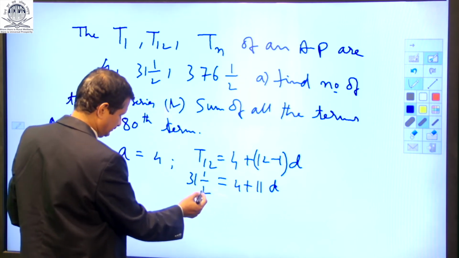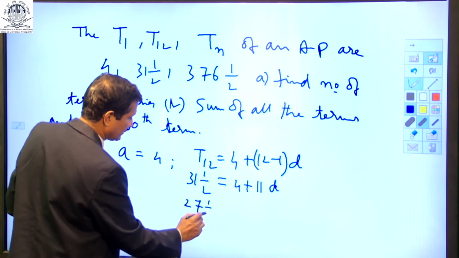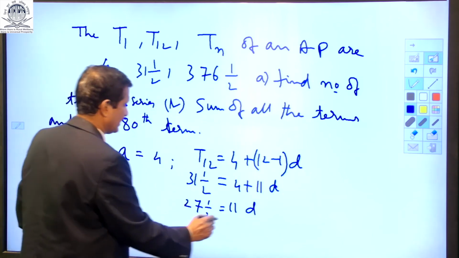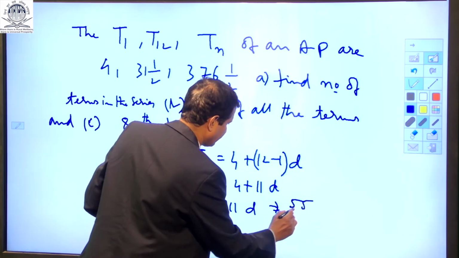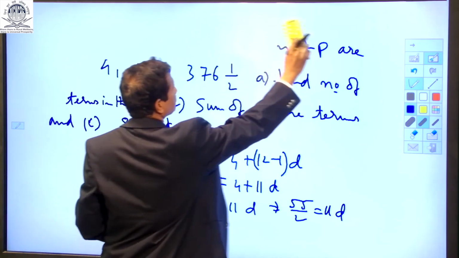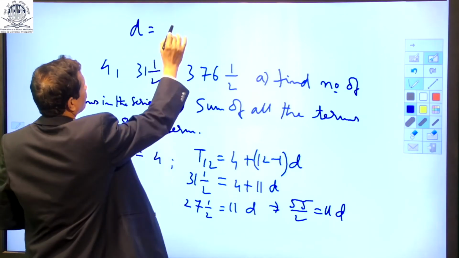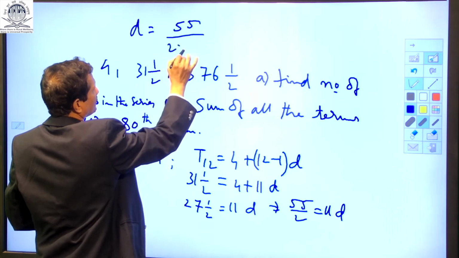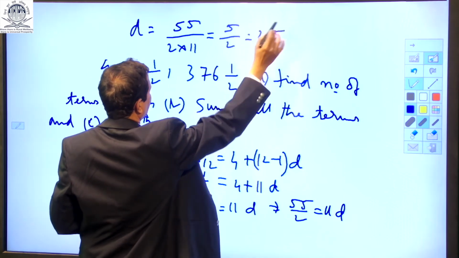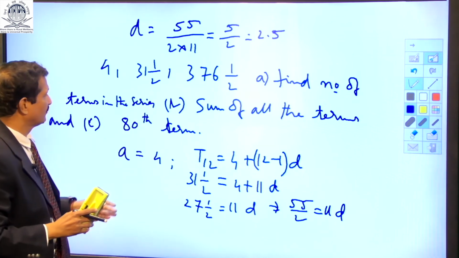It comes to 27.5 is equal to 11 D, or this is 55 implies 55 by 2 is equal to 11 D. So D is 55 by 2 into 11, which comes to 5 by 2, or this is 2.5. Now the common difference D is known to us, it is 2.5.